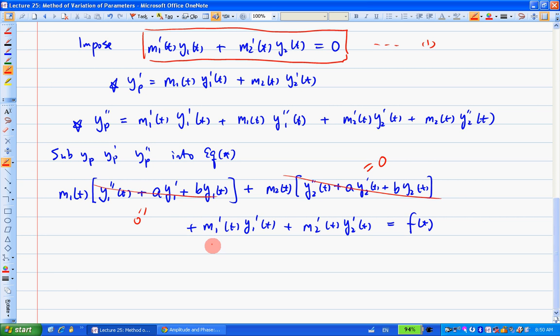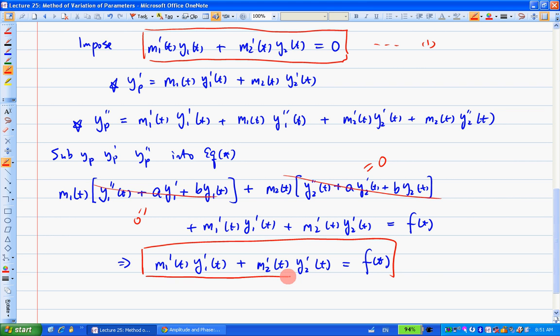Now I'm going to rewrite it here. Remember, we already have one equation, and now I have the second one, which I'm going to call equation 2.